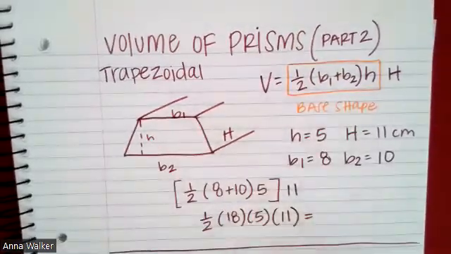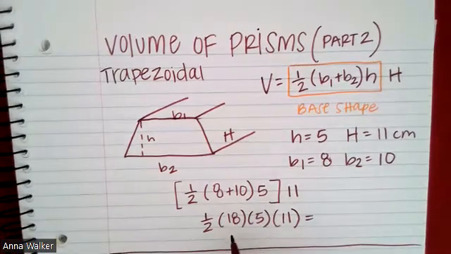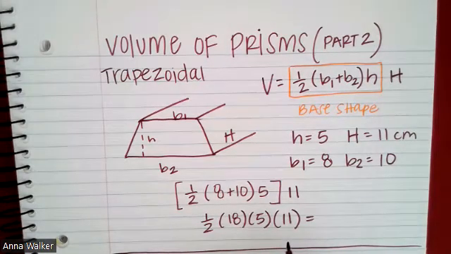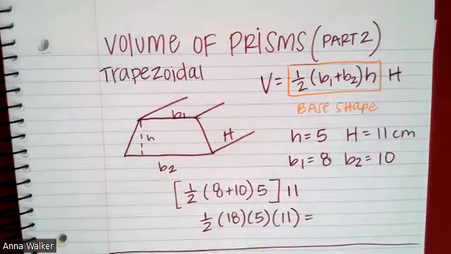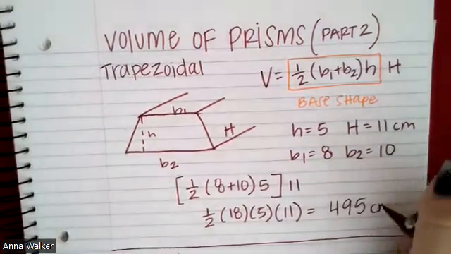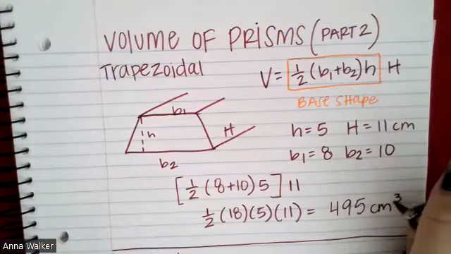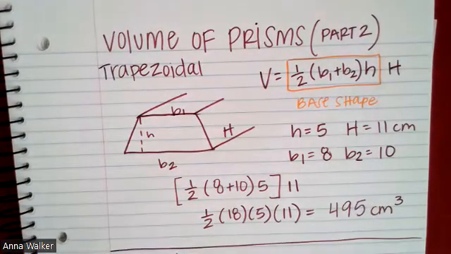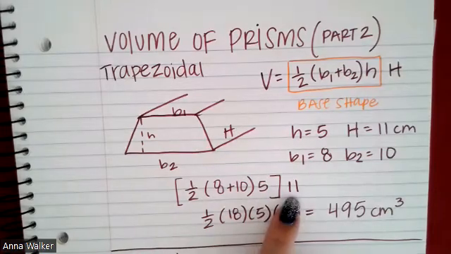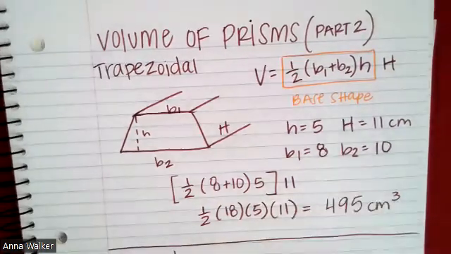And no matter which way I solve it, if I want to take half of 18 and then do times 5 times 11, or if I want to do half of 18 times 5 and then multiply that times 11, whichever way I do it, I end up with 495. And we are talking about centimeters and volume, so our units are going to be cubed. So you'll notice I found the area of the base shape and then multiplied it by that height of 11.